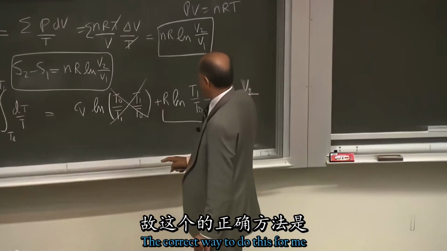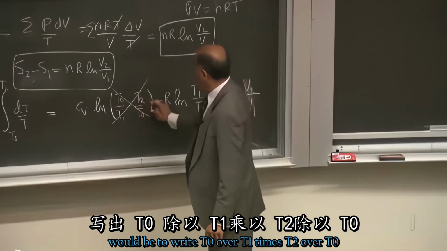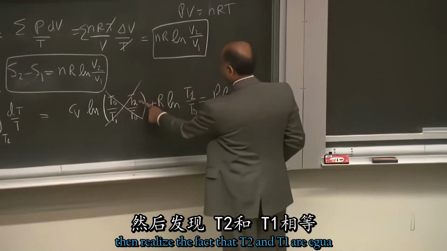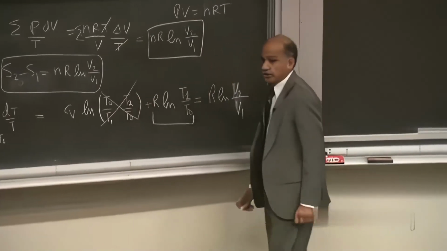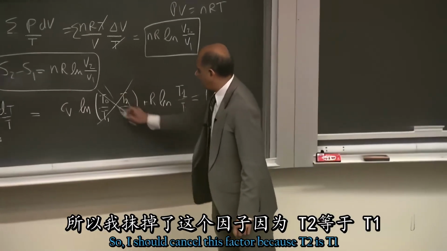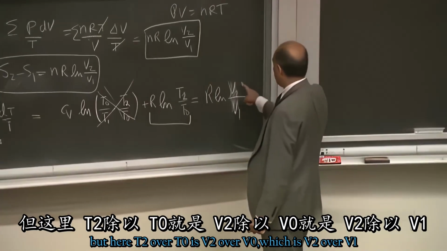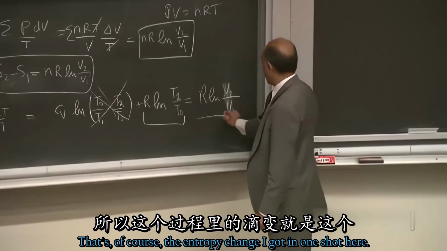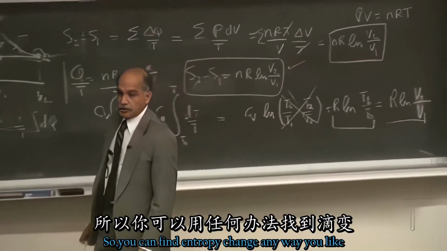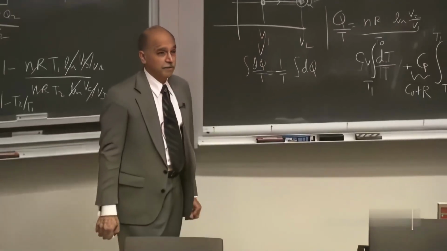The correct way to do this for me would be to write T0 over T1 times T2 over T0, then realize the fact that T2 and T1 are equal because I'm on an isotherm. That's what I should have done. So I should cancel this factor because T2 is T1. But here, T2 over T0 is V2 over V0, which is V2 over V1. That's, of course, the entropy change I got in one shot here. So you can find entropy change any way you like. You usually pick the easiest path.